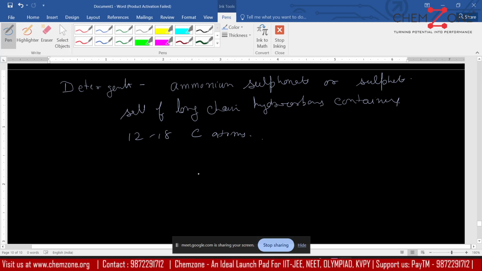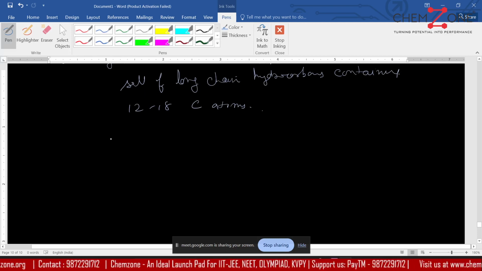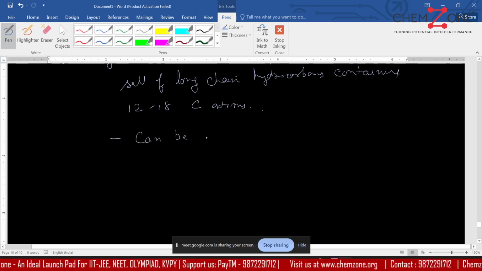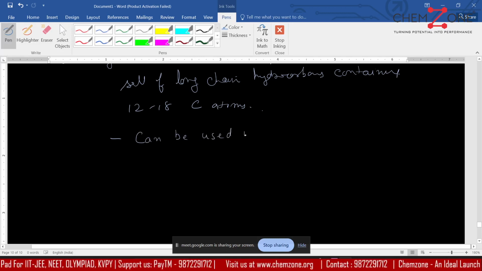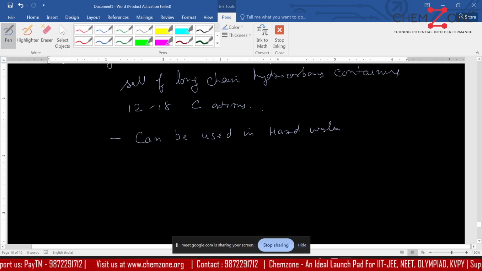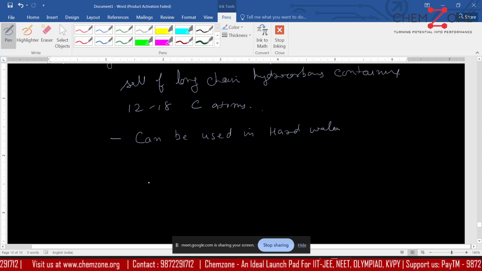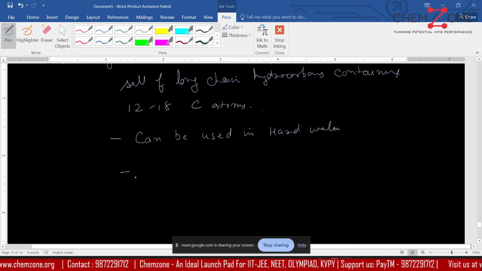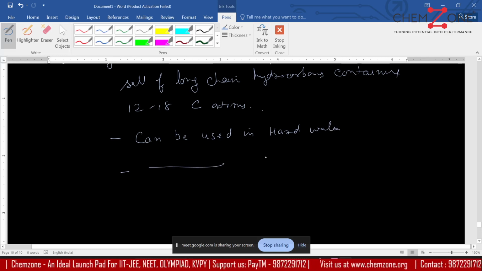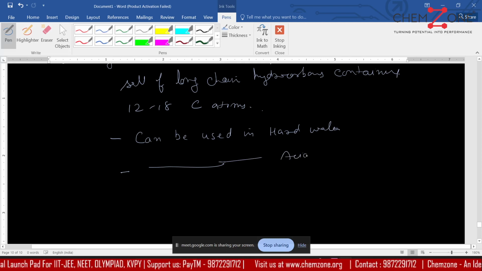The good part of the detergent is, number 1, it can be used in hard water. Number 2, it can be used in the acidic medium also.